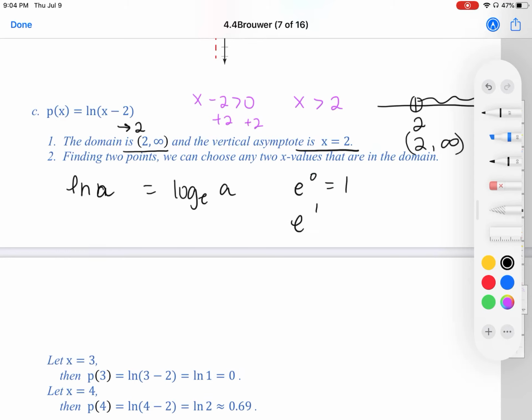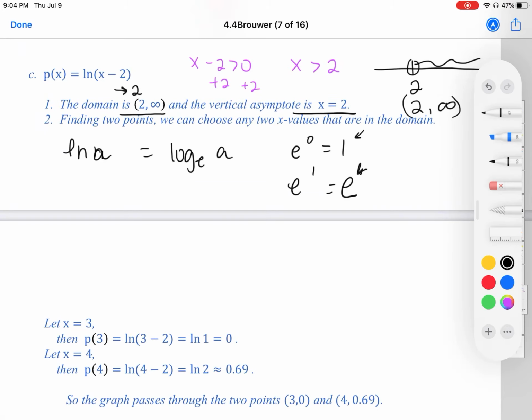I know e to the first power is e. So I want to stick with these types of answers. So what would make it happen so that I get a 0 or a 1? So for the first one, 3 minus 2 will give us that 1, so that our answer is 0.